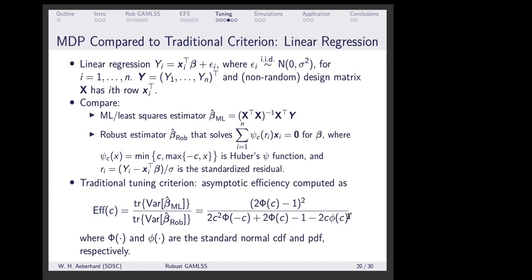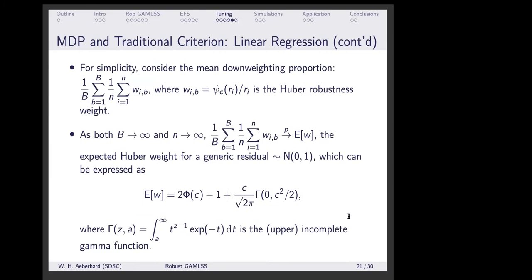So technically there is no closed formula in finite sample, but we can look at what happens asymptotically here. If you take the mean downweighting proportion, which is just easier, as both the number of bootstrap samples and the sample size go to infinity, this is just an average. It converges in probability to some expectation.